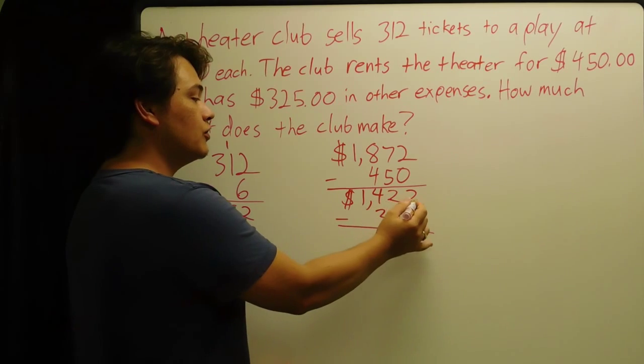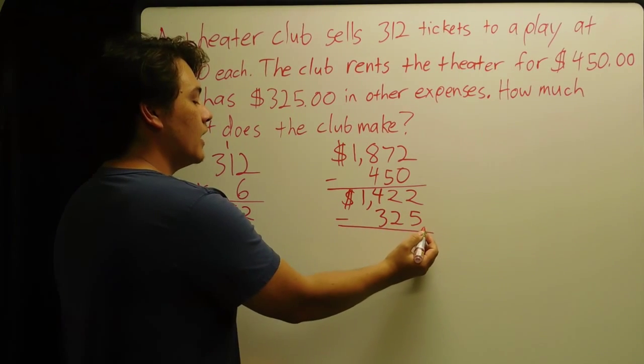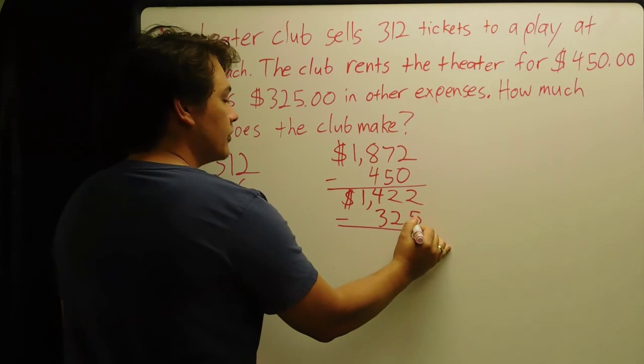Next we're going to subtract the $325 of other expenses. So 1,422 subtracted by 325 is going to be 2 minus 5.